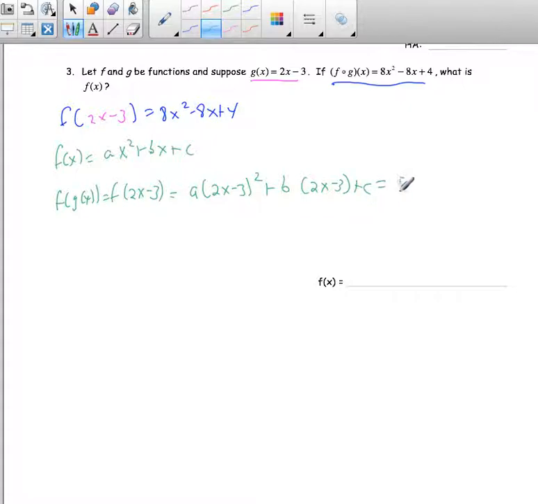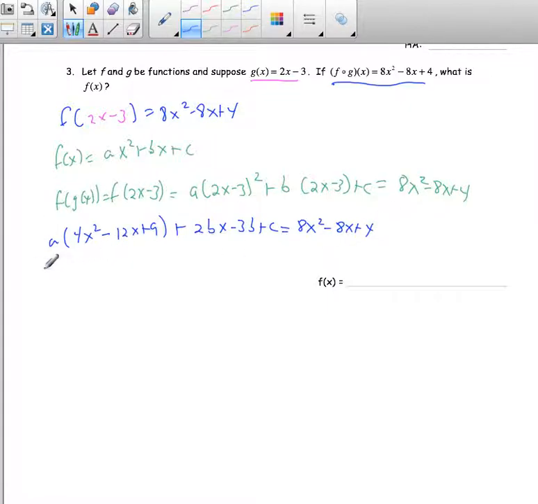And I know that has to equal 8x squared minus 8x plus 4. And I'm going to start expanding on the left-hand side. So I'm going to have a times (4x squared minus 12x plus 9) plus 2bx minus 3b plus c equals 8x squared minus 8x plus 4.